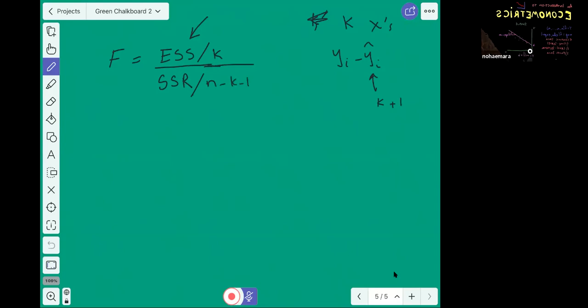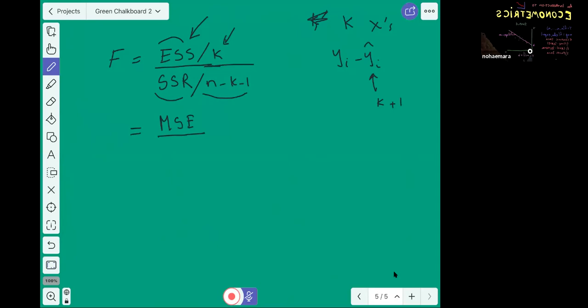That's why you can think of the F statistic as an average. You're taking a certain total and dividing by a certain number, which is the number of x's, and this is called the mean squared explained. The next one, again, I'm taking the sum of the squared error and dividing it by a certain n, like I'm getting the average.